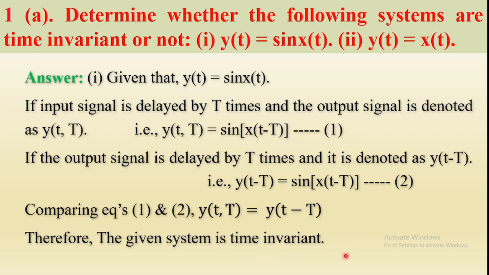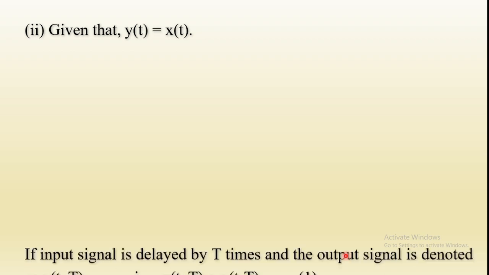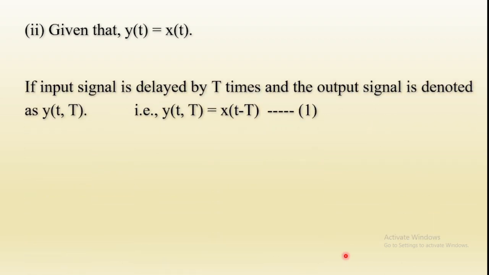Now coming to the second bit. The given system is y of t is equal to x of t. Similarly, determine whether the given system is time variant or time invariant. Step 1: if the input signal is delayed by capital T, the output signal is y of t comma capital T, which is equal to x of t minus capital T. That is equation 1.